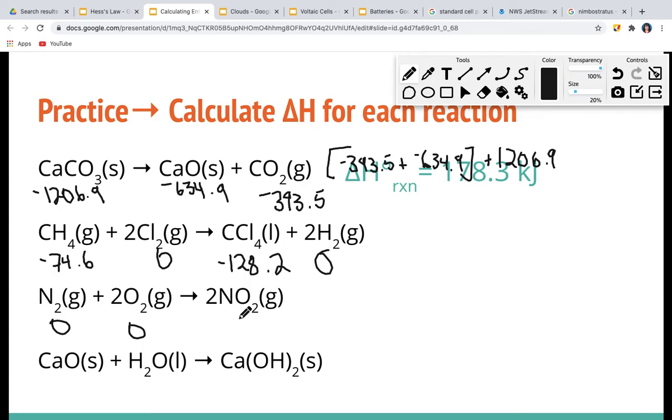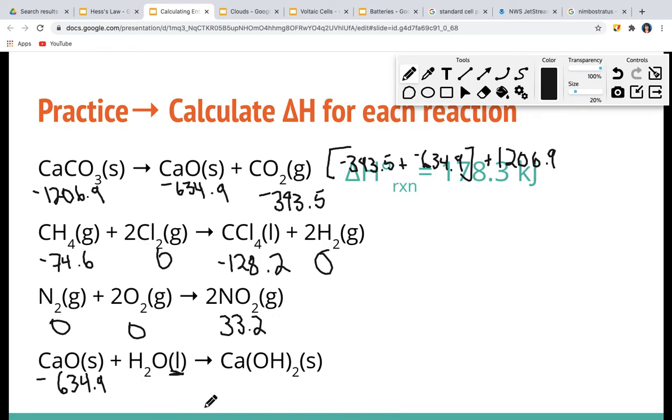Okay, we got NO2. 33.2, that's a positive one. Calcium oxide, we already put that up there. It's negative 634.9.